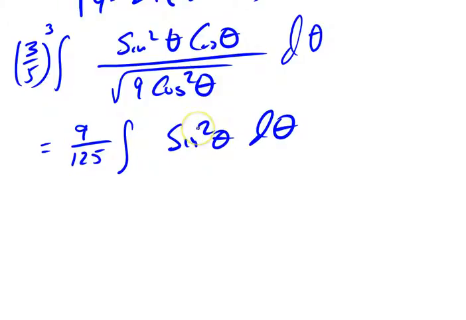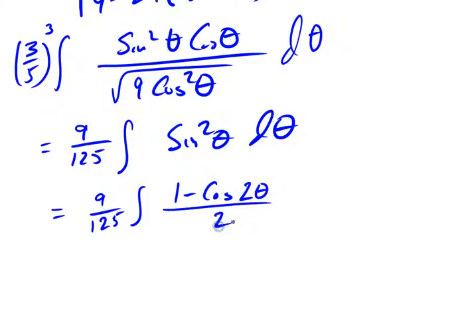The integral of sine squared theta has several ways of doing it, but the main one that people use is a trig identity, the power reducing formula, to write this as 1 minus the cosine of 2 theta, not cosine squared, but actually the cosine of 2 theta, over 2.